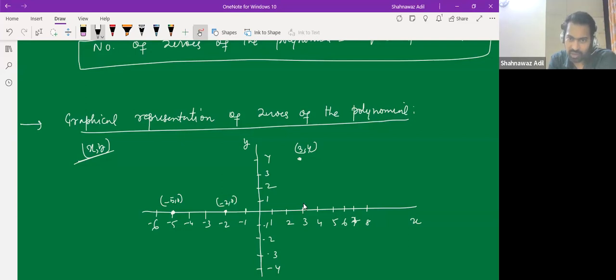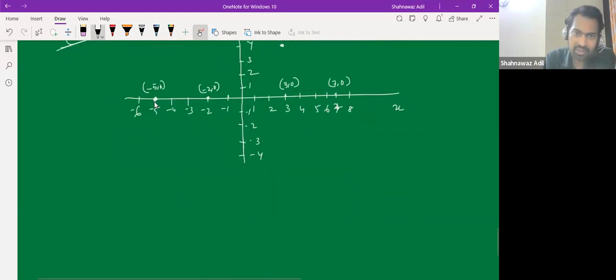Similarly, 3 comma 0 and 7 comma 0. What is the special thing that you are seeing in the coordinates? Yes, the y part is 0. Absolutely right. So on the x-axis, the y part is 0.